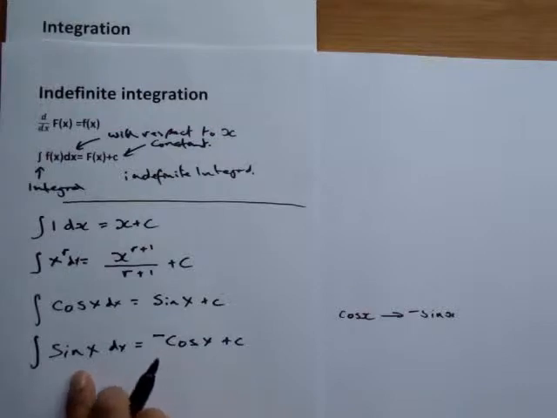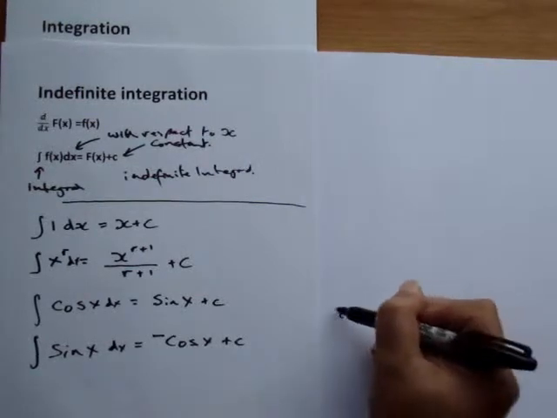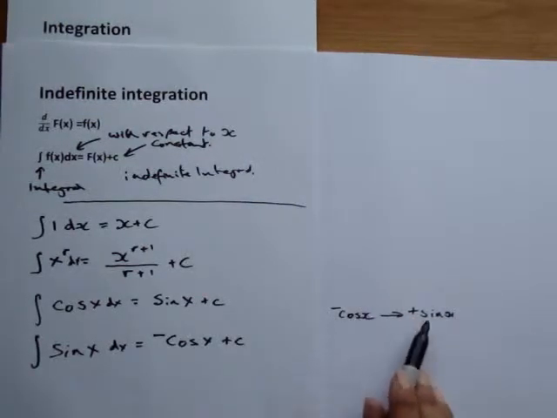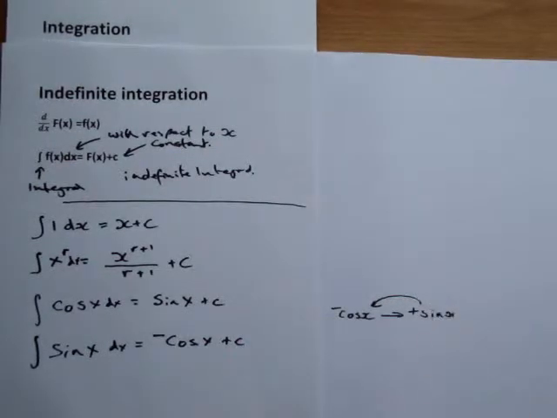But in this case, we're integrating sine x, so the opposite way, we reverse the signs. So the antiderivative, or the integral of sine x is minus cos x.